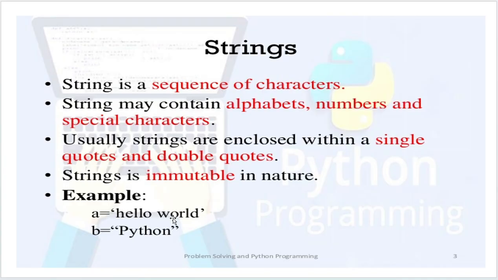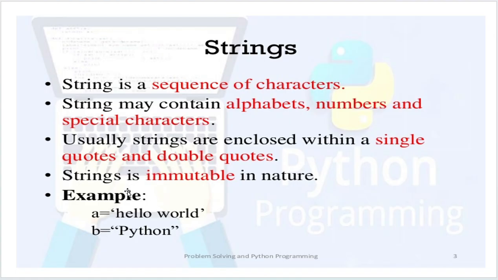So hello world is a string, a sequence of characters enclosed within single quotes, and it is being assigned to the variable A using the equal to operator. Likewise, as I've told you, strings can be enclosed within single quotes or double quotation. Here, Python is enclosed within double quotes. So Python is a string which is being stored in B.